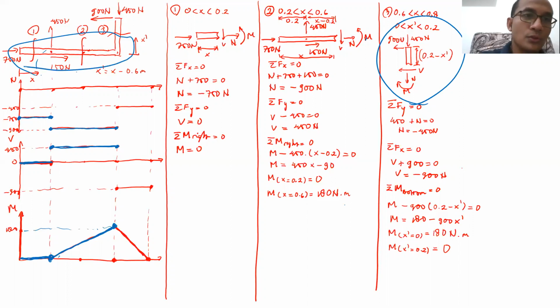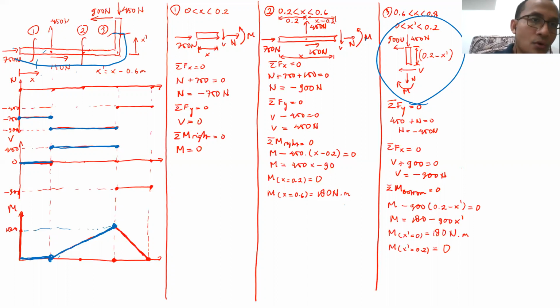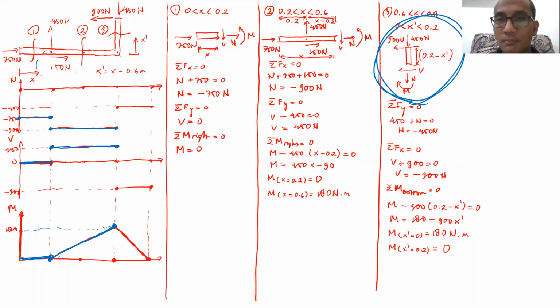If you want to use this side of the cut, yes, you can, but you have to draw all the forces here until here. I don't want to do that because I'm too lazy to do that. That's why I draw this part. That will be my free body diagram.